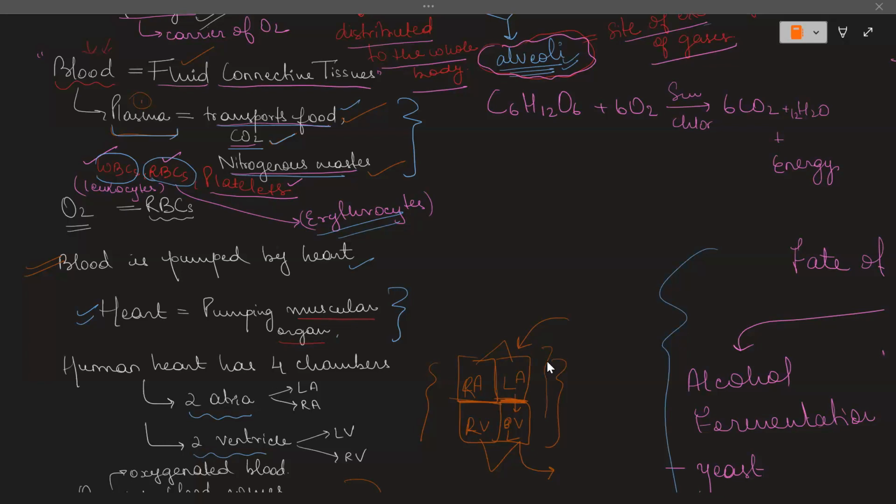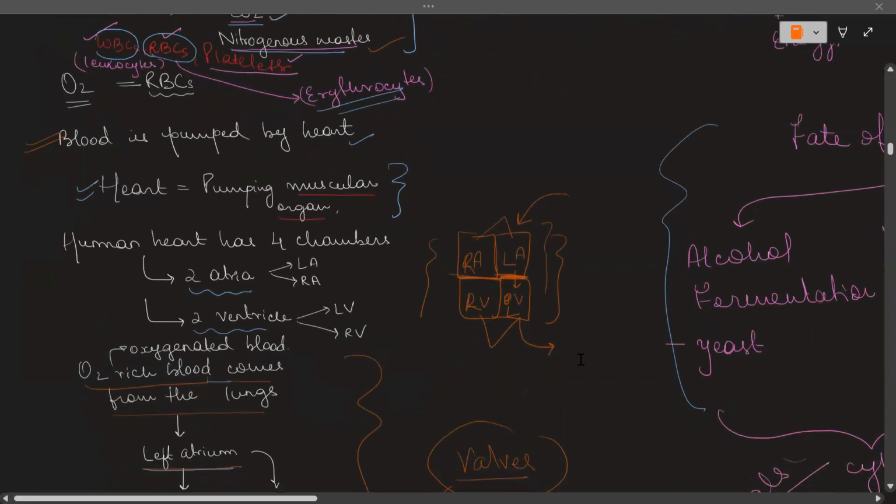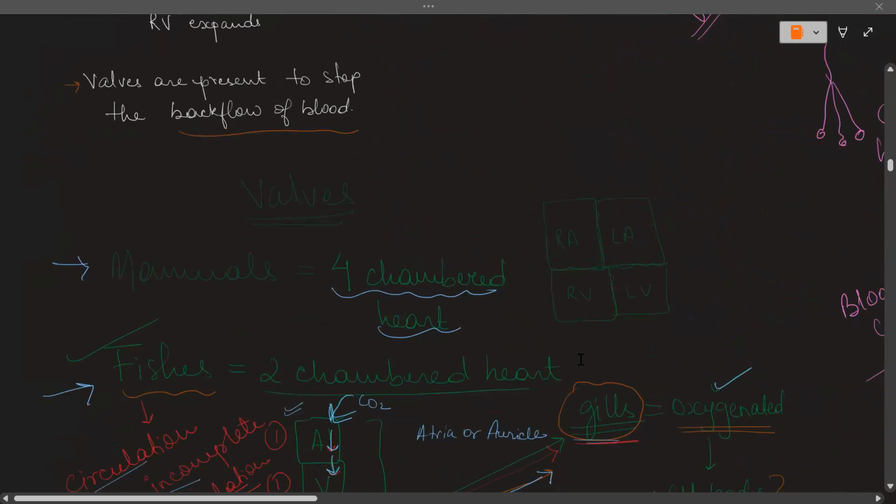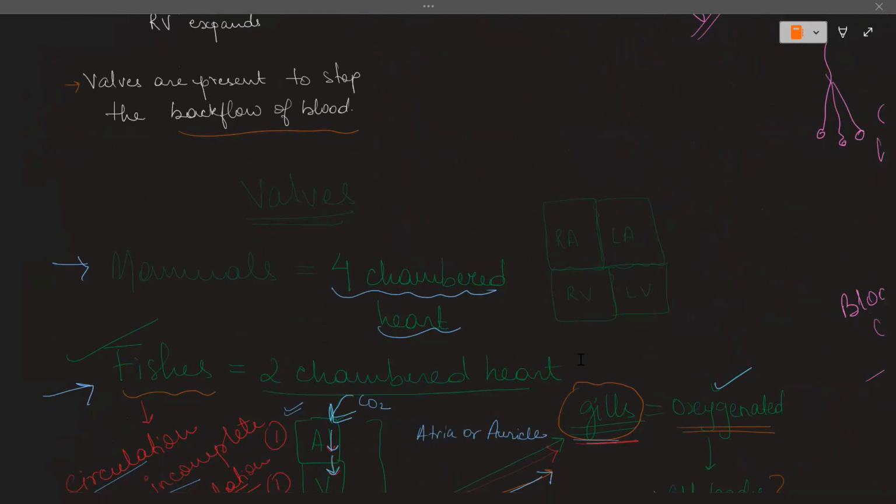The blood is the fluid connective tissue of our body. Then you write down, the blood is circulated throughout the body by the heart.